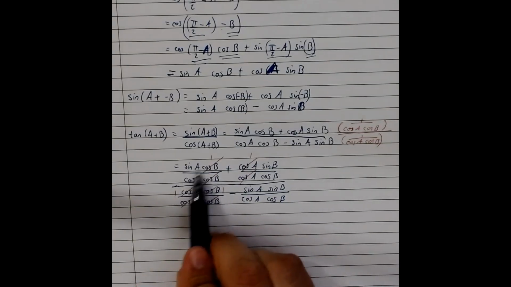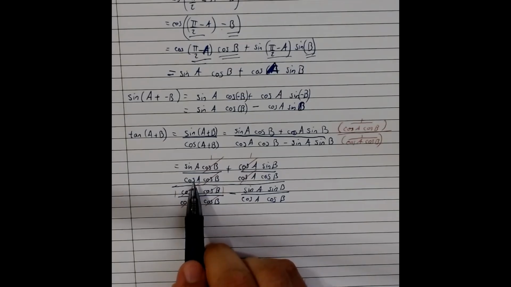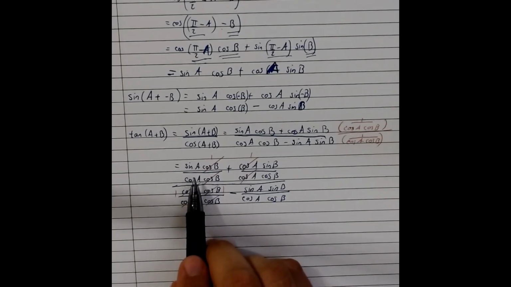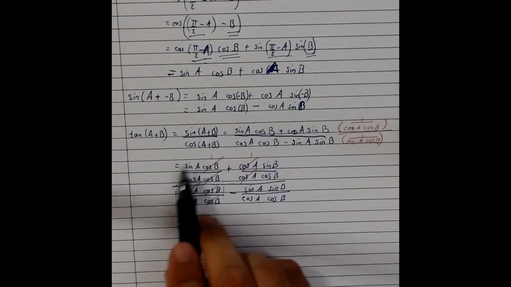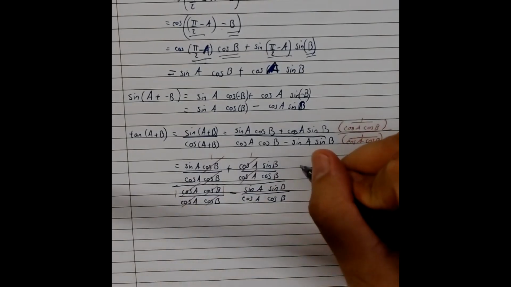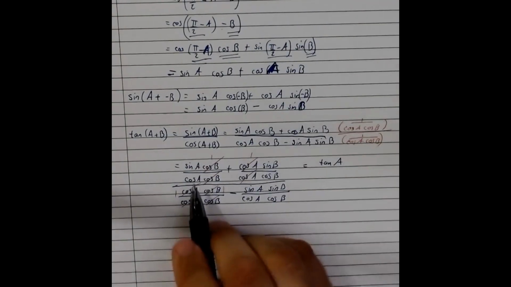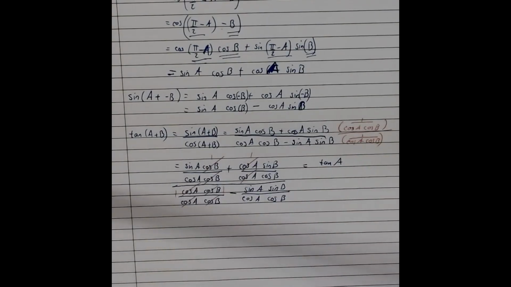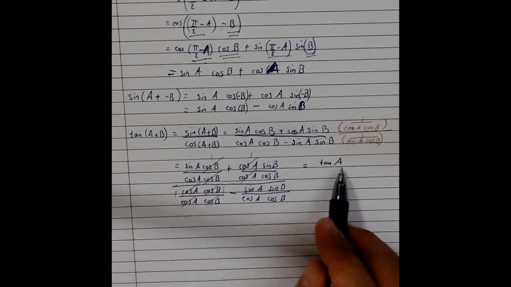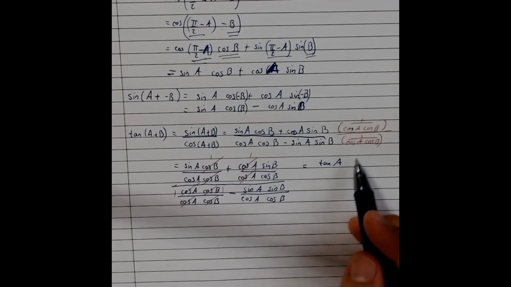Well, right here we have sine of A over cosine of A. Well, we can leave it like that, but the quotient identity lets me simplify that. Sine of A over cosine of A, that's tangent of A. So let me just write it as tangent of A. I could say tangent of A times 1, but of course multiplying by 1 doesn't change anything. So it's probably okay for us to just leave it as tangent of A. If you want to write tangent of A times 1, you can.